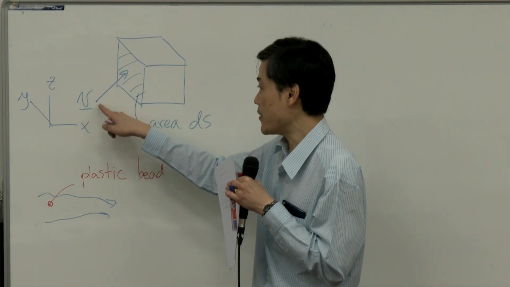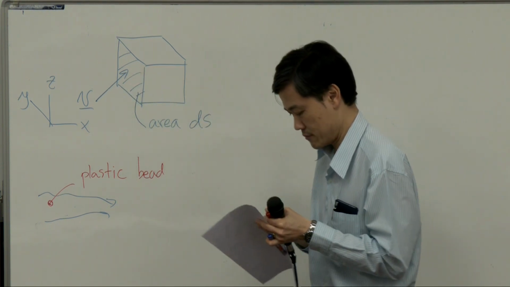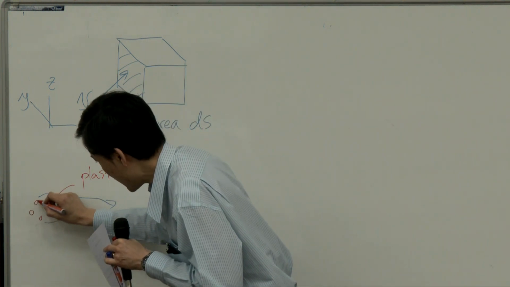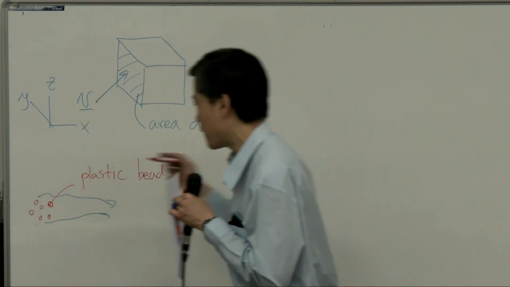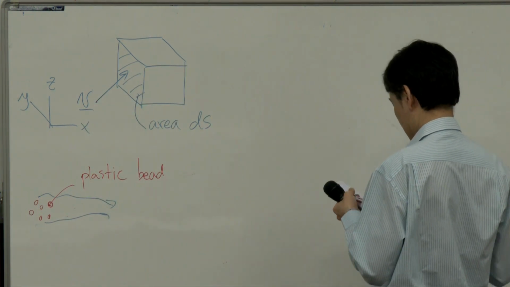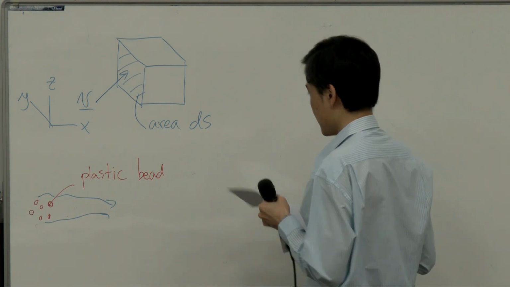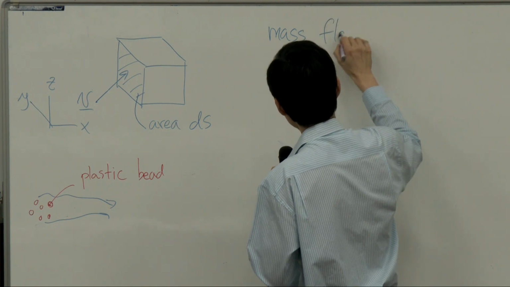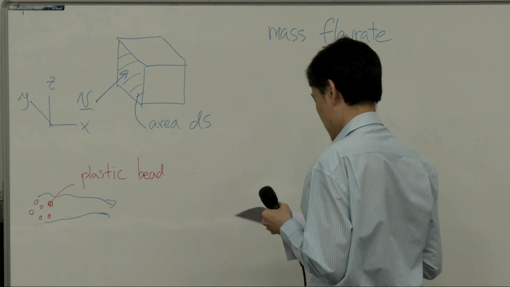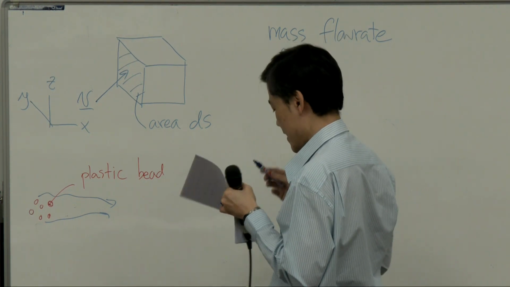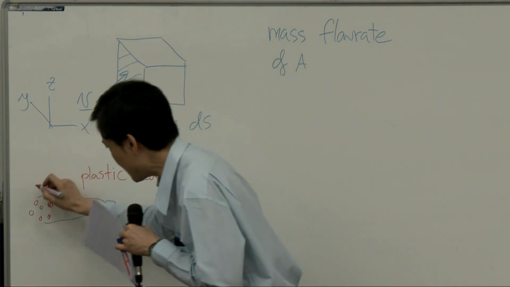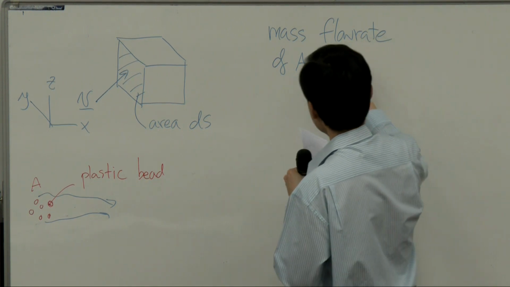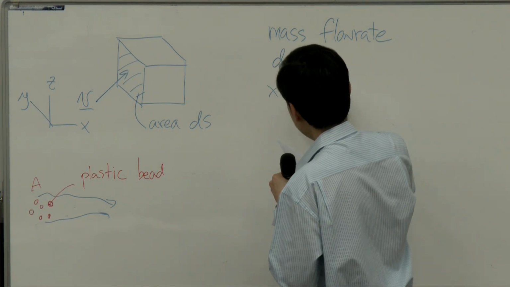So if this flow carries a bead into the box, and if you imagine you have more than one bead, a group of beads in the flow or in the stream of water, if you calculate or determine mass flow rate of my species A, which is my bead, let us focus in x direction first.